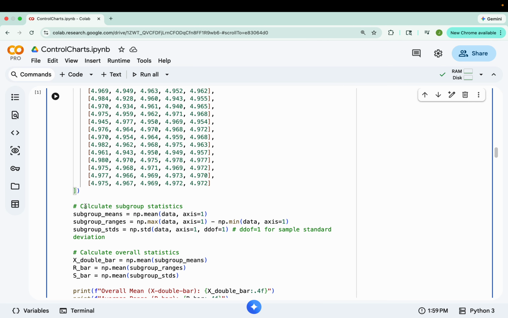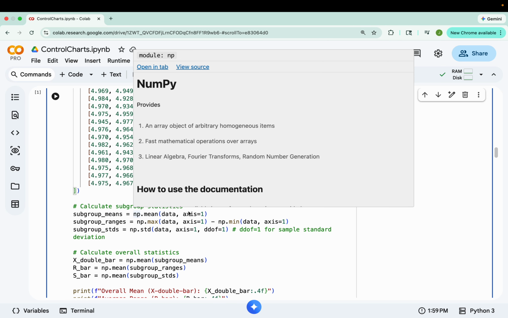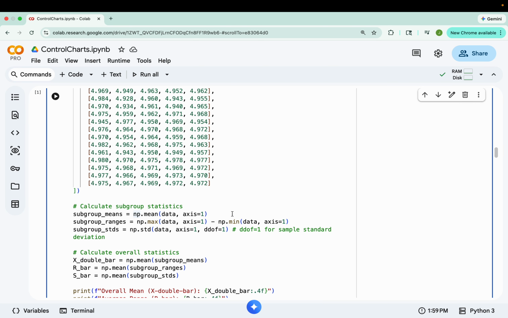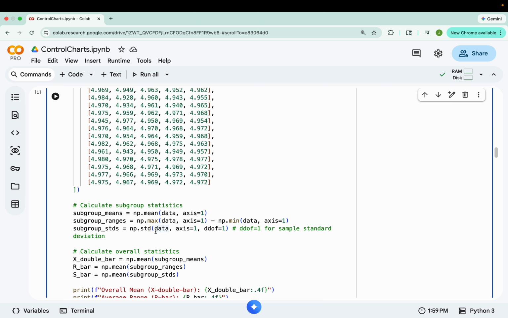So here they calculate the means of each week. That's the subgroup means, and then they calculate the subgroup ranges. So they calculate the max of week 1 minus the min of week 1, the max of week 2 minus the min of week 2. Then they do the same for the standard deviation.